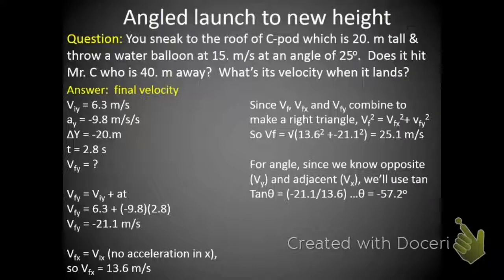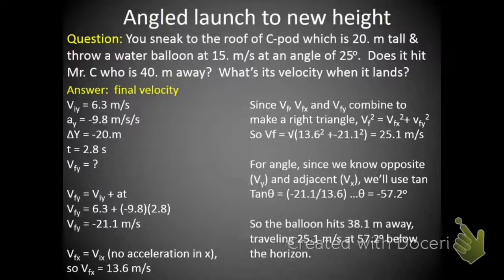So we're going to use that negative value to say that the balloon is going downward. So it's 25.1 meters per second. You can call that negative if you like, although the angle really shows the direction as well as you need to. 57 degrees below the horizontal.